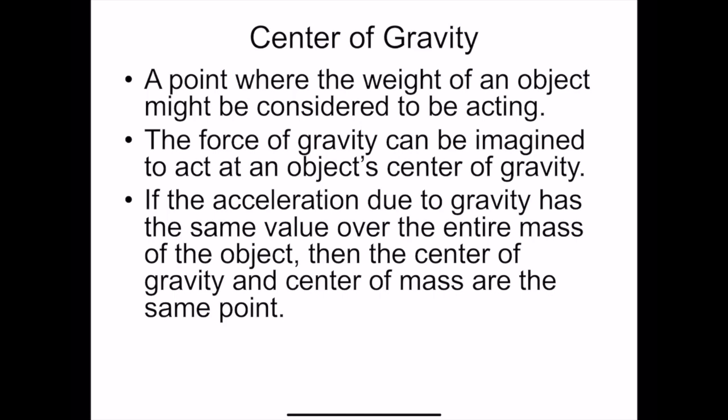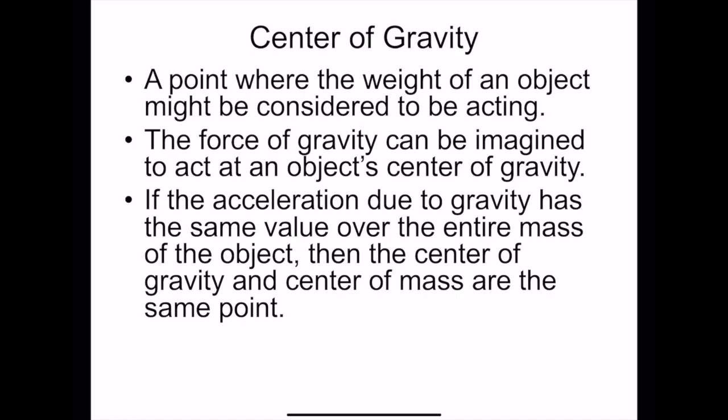But that's very difficult to imagine, just thinking of a practically infinite number of particles that the object is made up of, each of them individually feeling the gravitational force. So it's much more convenient to just imagine that the gravitational force is one force which is acting at one point on the object, and that one point is what we call the center of gravity.